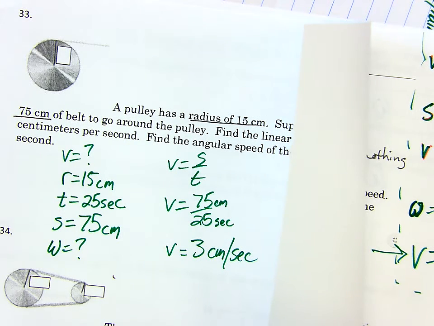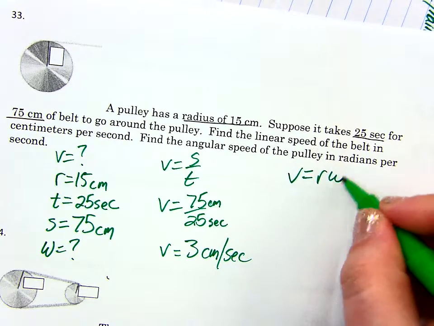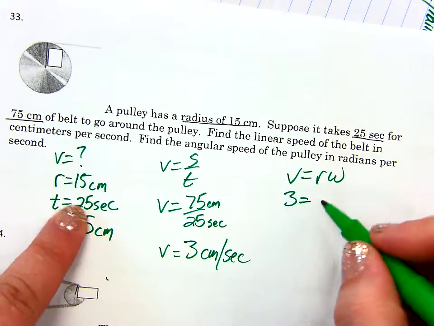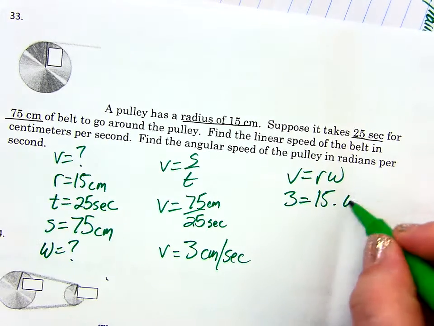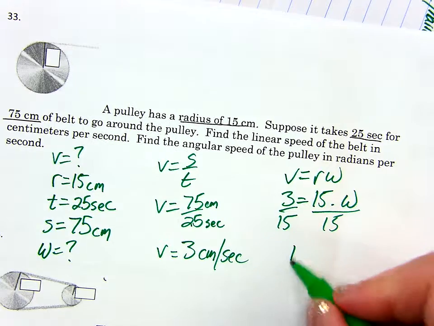So if I look, I could do V equals RW, because I have V and I have R, right? So let's do that. V equals RW. V is 3. R is still 15. Divide by 15, divide by 15. I get 1/5.